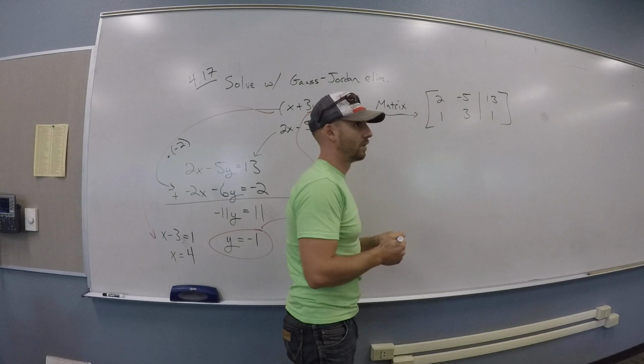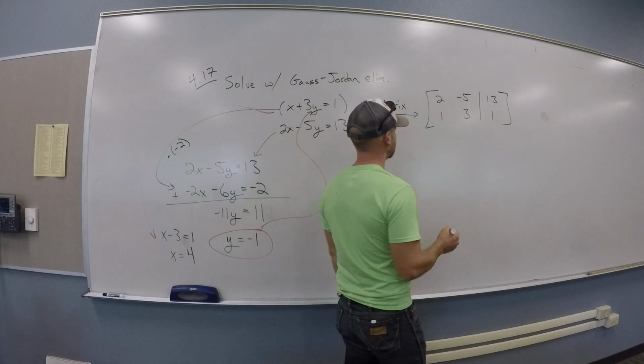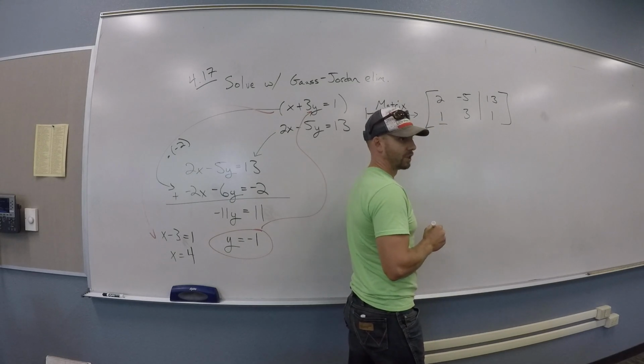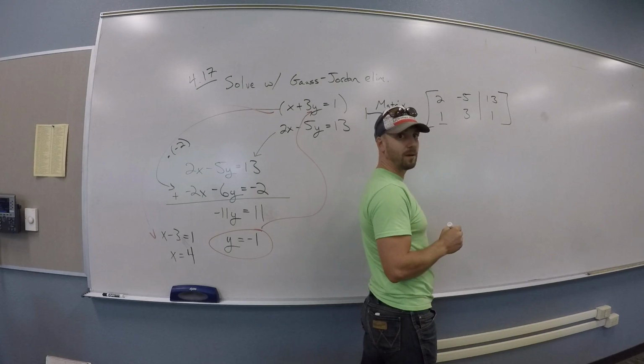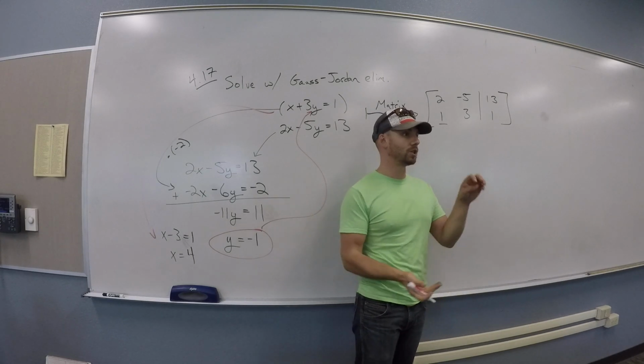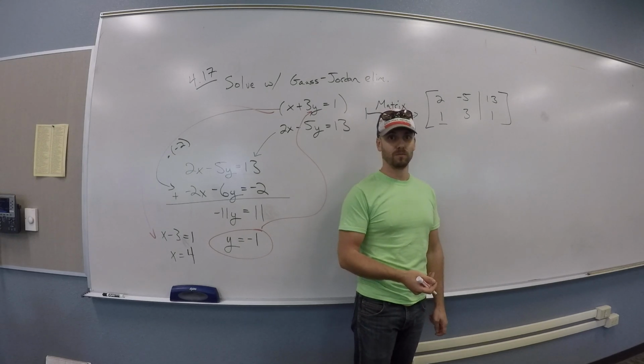So then, in Gauss-Jordan elimination, your goal is to get a 0 here first. You can do the same things you can do with equations, which is multiply through by numbers and add equations together. That's what you're allowed to do.